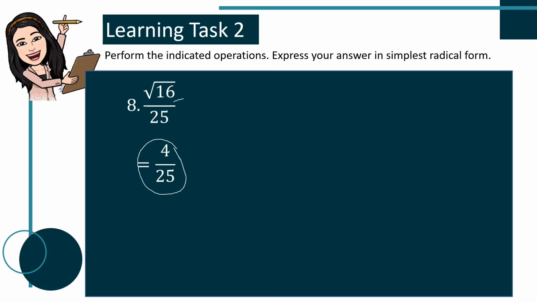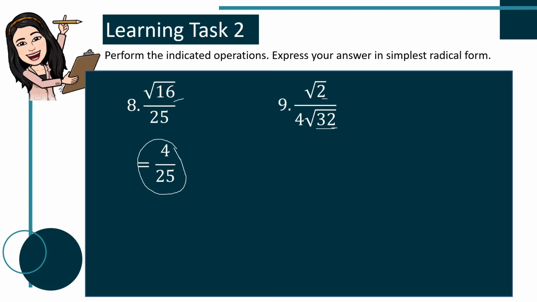Okay? Next, number 9. We have the square root of 2 divided by the square root of 32. Since quotient ito, pero ang radicand natin, itong radicand na 2 at saka 32, ay magkaiba pa. So, tingnan muna natin. Baka naman, there are factors of 32 na kaya natin i-simplify, para maging magkaparehas na ang kanilang radicand.